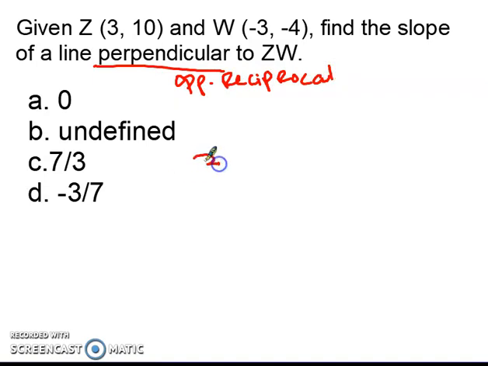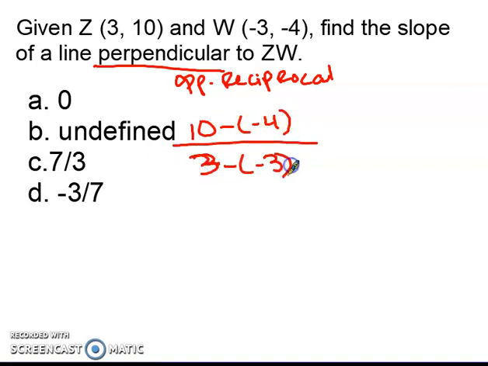Well, 10 minus -4 over 3 minus -3. 10 minus -4 is 14. 3 minus -3 is not 0. It is actually 6. Make sure you check that on the calculator because some of you are going to see 3 minus 3 and just get 0. It's not 0. 14 over 6 reduces to 7 over 3.